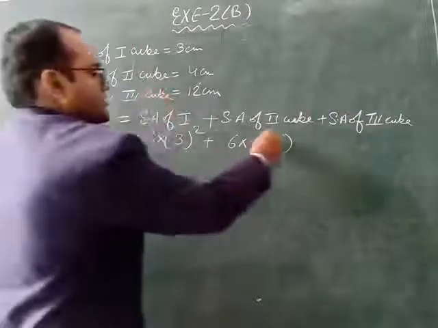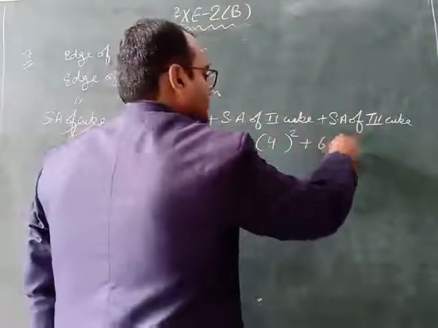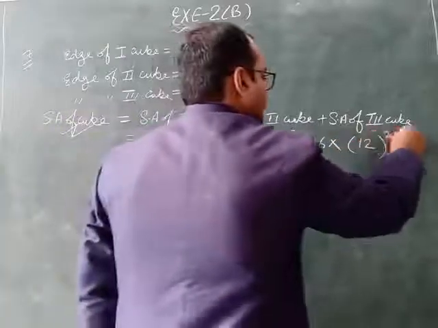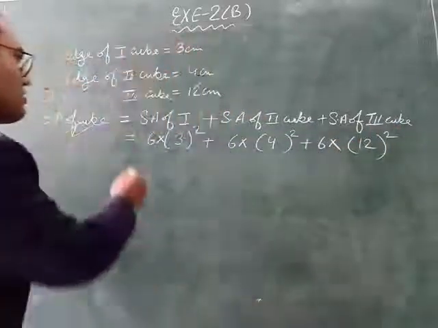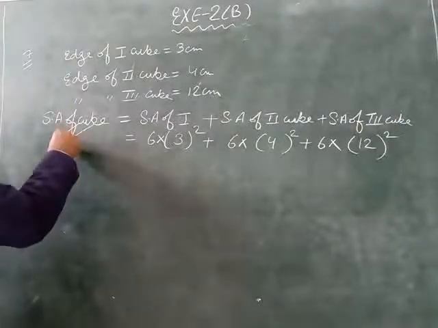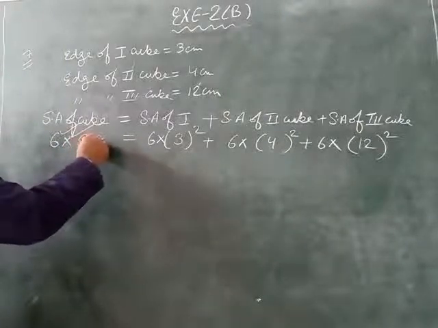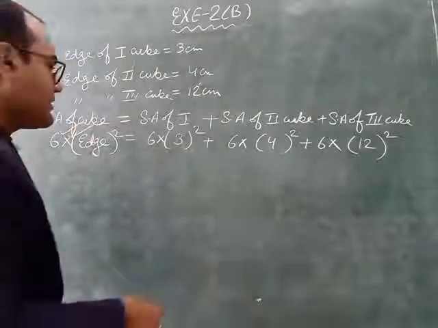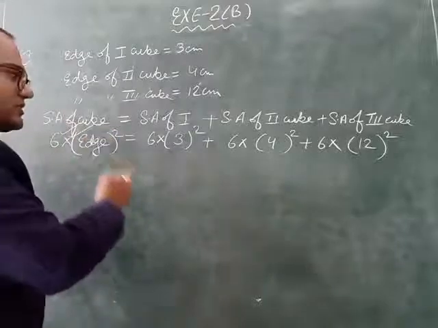Edge of second cube is 4. 6 into edge square. Edge of third cube is 12. Here also surface area is written, so here also we will put the formula 6 into edge square. Edge we will not put because this cube's edge we have to find. So this edge we will write as it is.